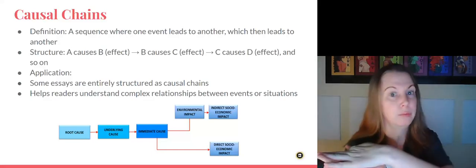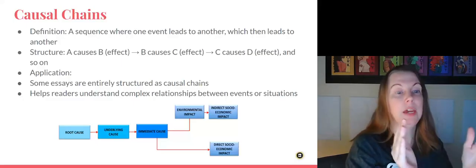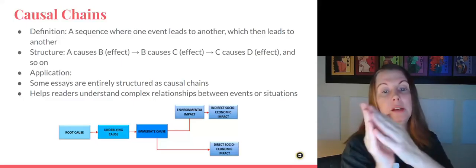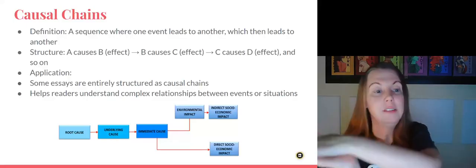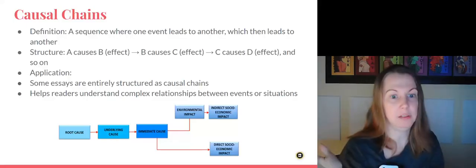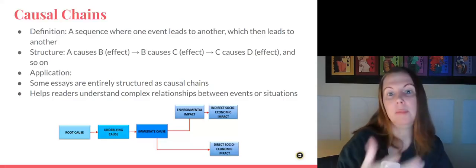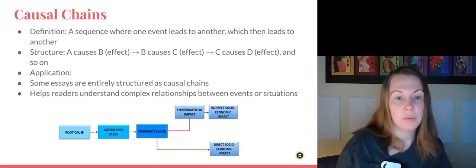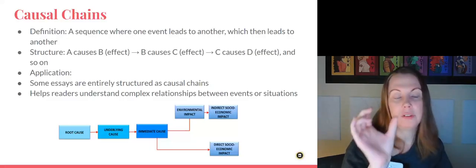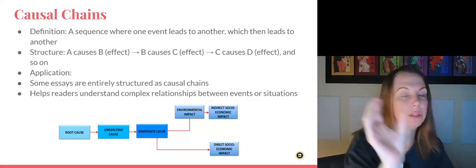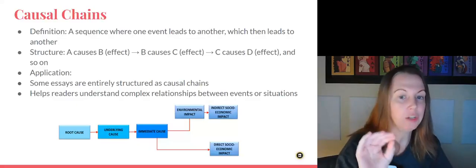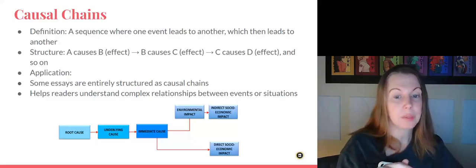So A causes B causes C causes D, and so on and so forth. Some essays are going to be entirely about causal chains, whereas others are just cause and effect. It really depends on how complicated your topic is.